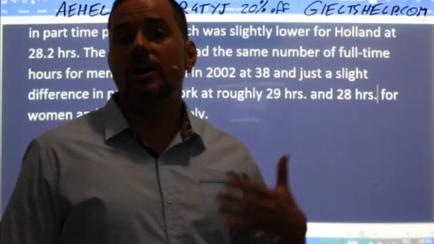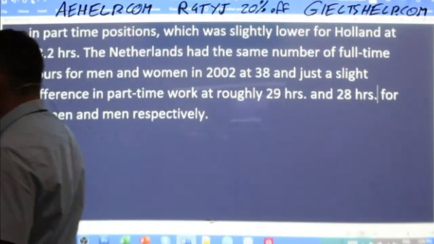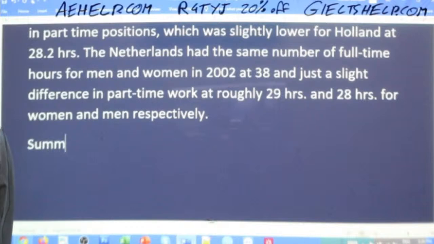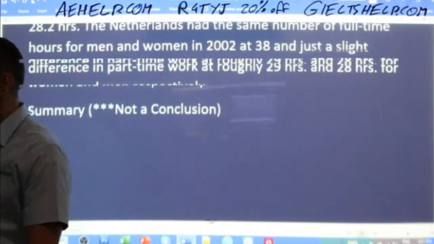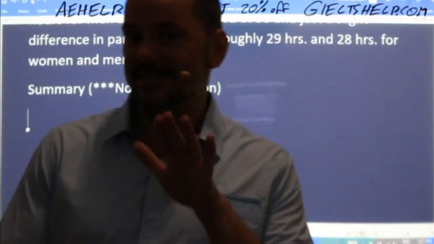Okay, now comes the fun part. So I'm going to write a summary, and so many times I hear students say, "Oh, but you don't need a summary." It's not a conclusion. So many times students say, "My teacher said don't write a conclusion for task 1." A conclusion is different than a summary.